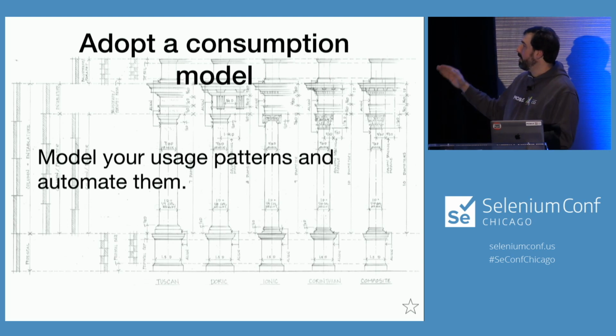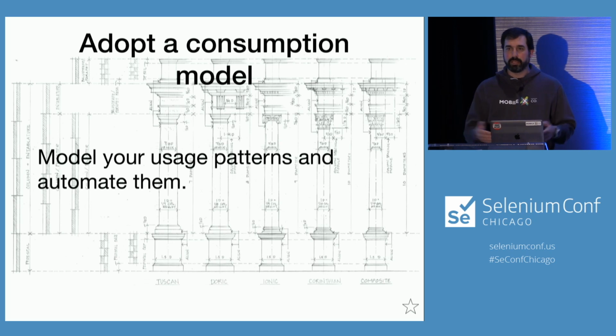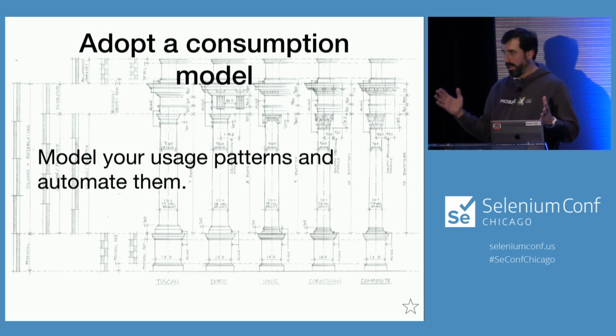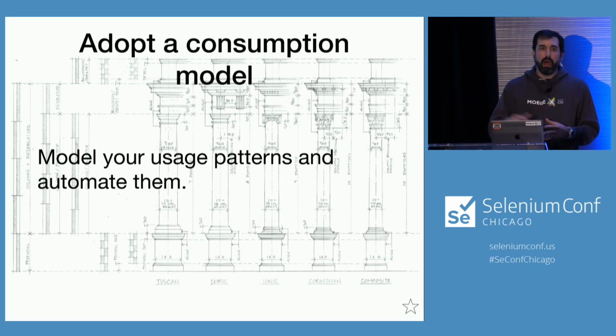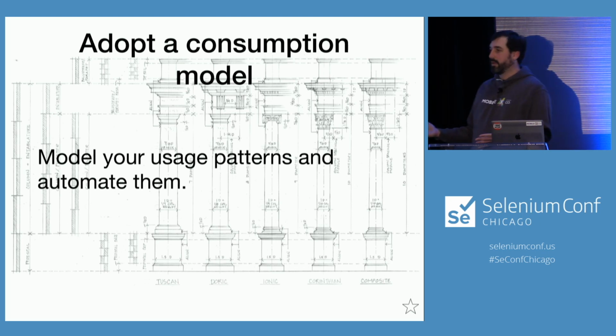So figure out your usage patterns and automate them. If everybody goes home at 5 o'clock because you aren't in a death march or whatever, then auto-scale your entire environment down to 0. 0 is a valid number for auto-scaling amounts, so then you aren't paying for that infrastructure. If it's not running, you're not paying because it's on an hourly basis.